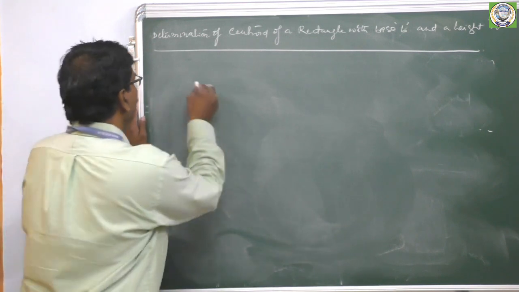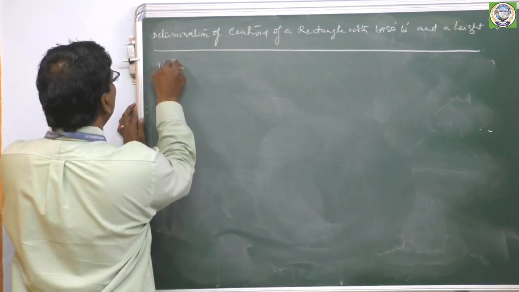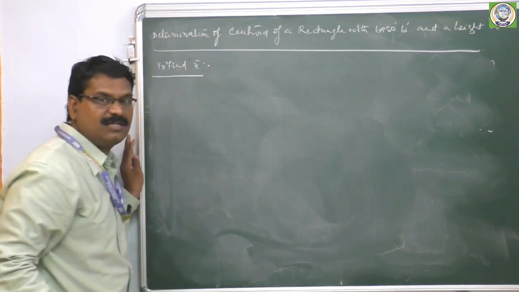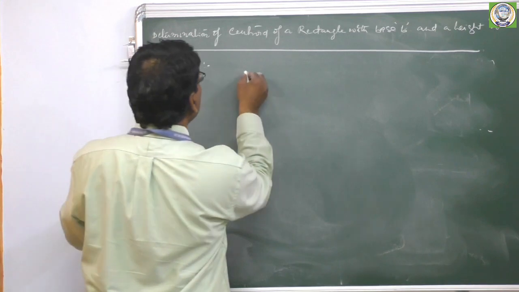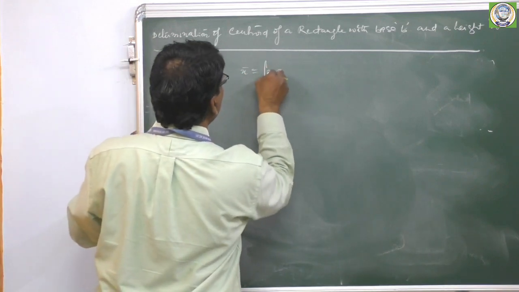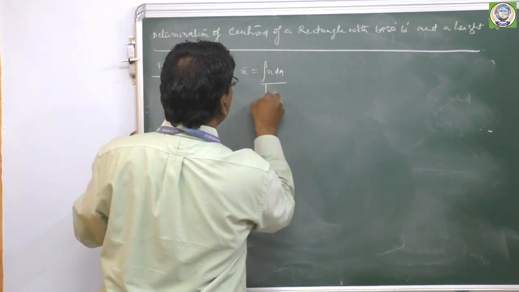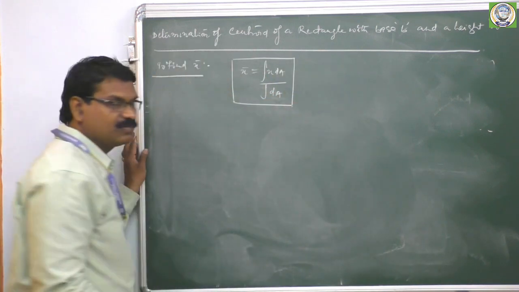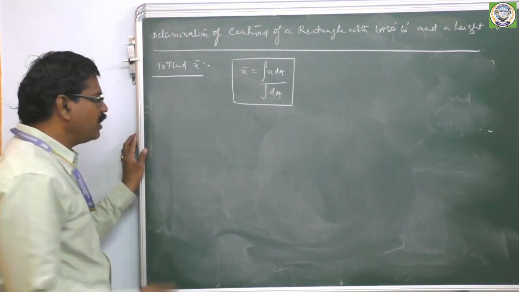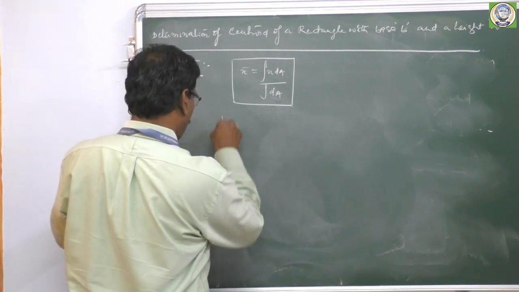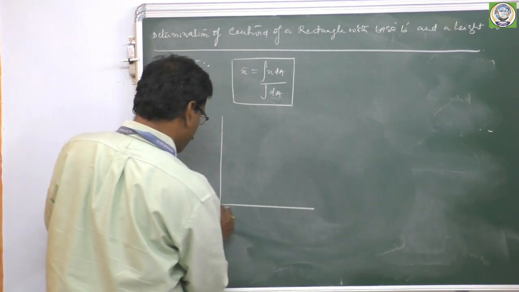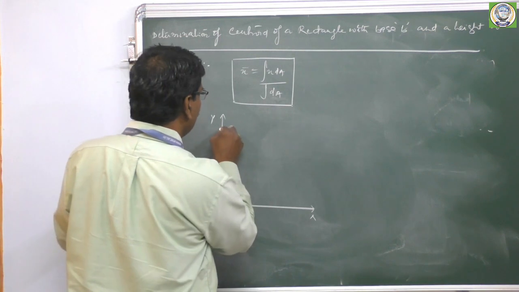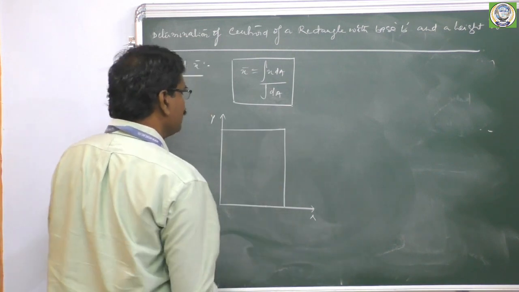into two cases. The first case is to find x bar, and we have a stipulated formula to find x bar, that is x bar is equal to integral x dA divided by integral dA. This is the standard formula to find x bar. And to find this x bar, we need to draw a diagram. This is the origin, this is the x-axis, this is the y-axis. Consider a rectangle like this.